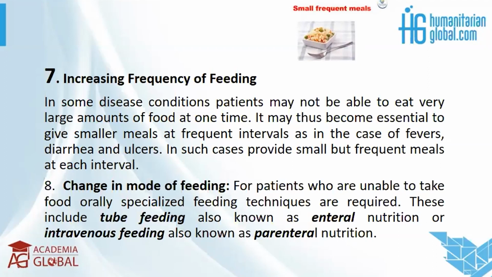We use small tubes, which can be inserted through various points, either the nose, nasogastric, the mouth, orogastric, or even directly to the stomach or intestines through small incisions. Then we pump the food, blended foods at home or in the hospital, or commercial formulas that are bought, and introduce them to the patient.